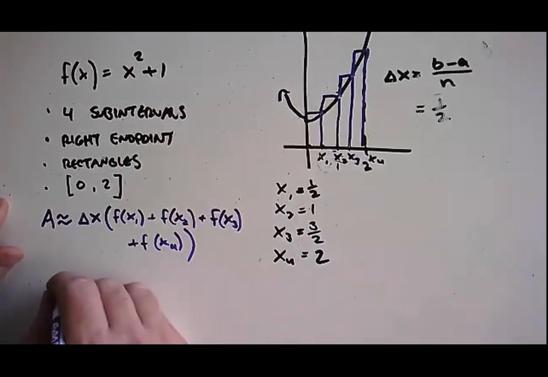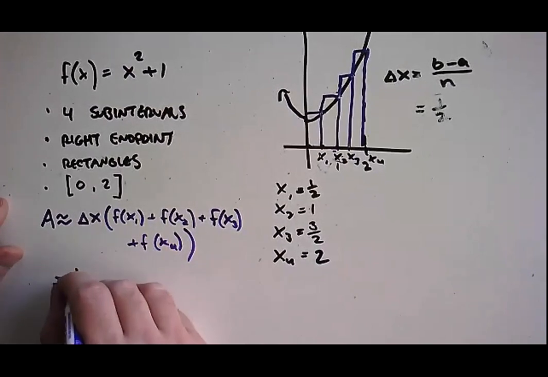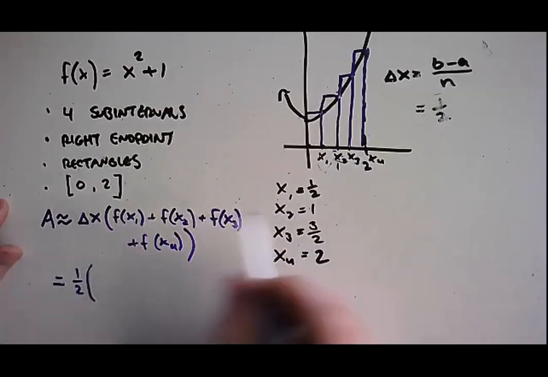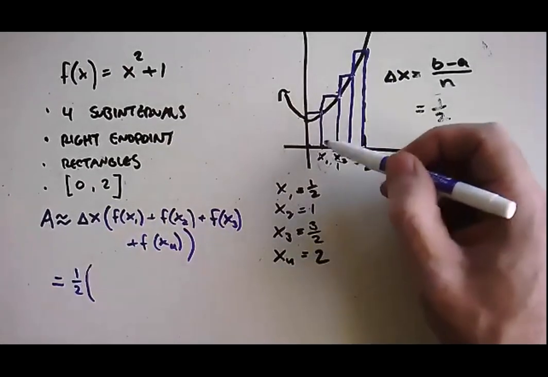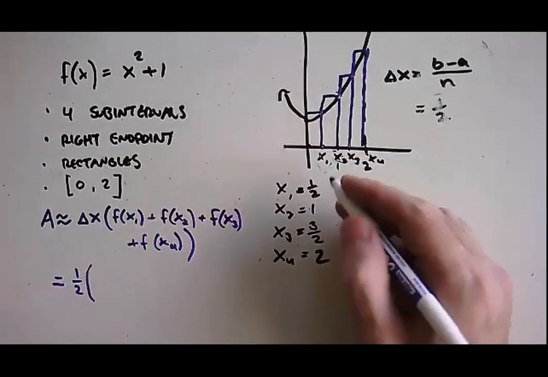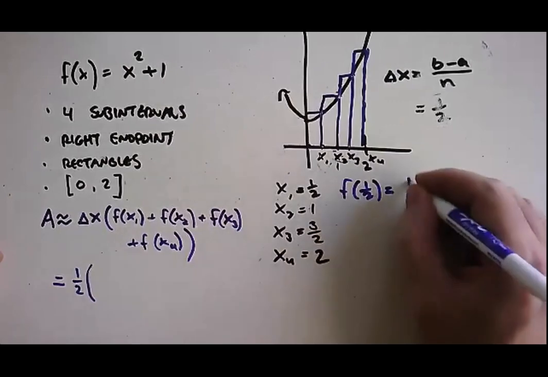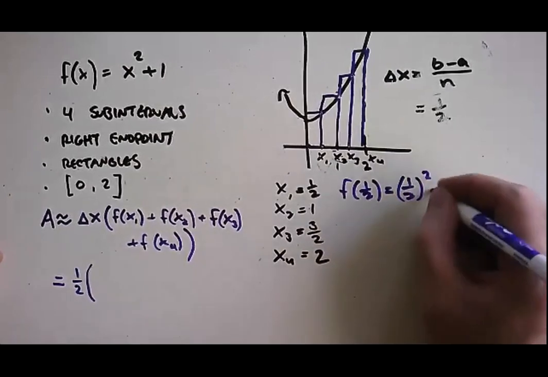All right, let's do some actual numbers here. Delta x is 1/2, the width of each of these rectangles. What's f of x1? Well, x1 is 1/2, so f of 1/2 would be 1/2 squared plus 1.